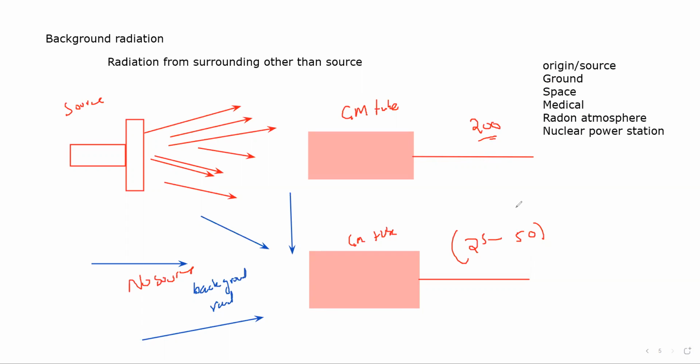So if I want to find the actual radiation from the source, what is the formula?